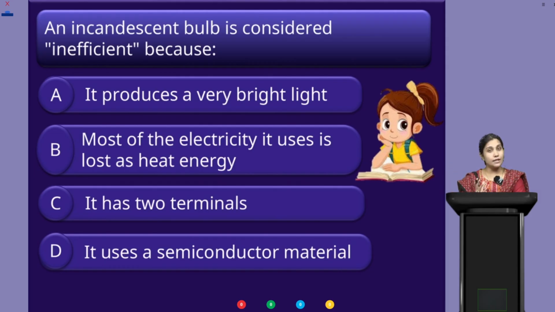This question is a little bit conceptual. Use the concepts you have studied till now and you will be able to answer it. I will give you a 30-second timer. I hope you will give the right answer. Your timer starts now.